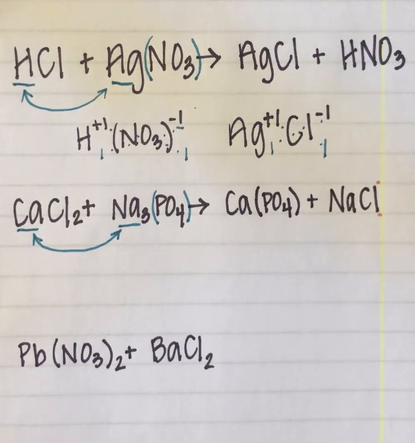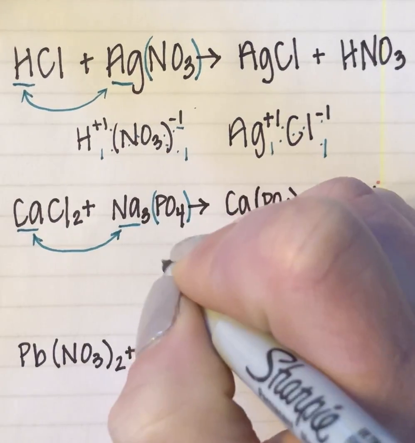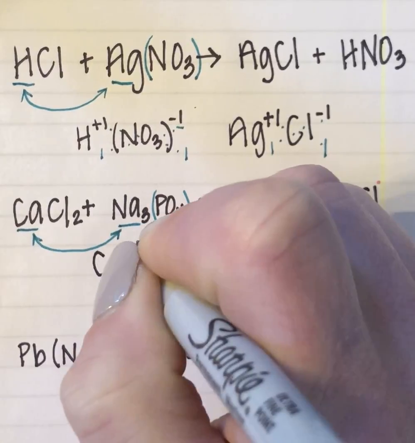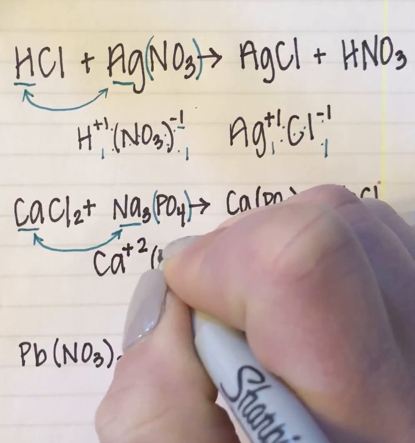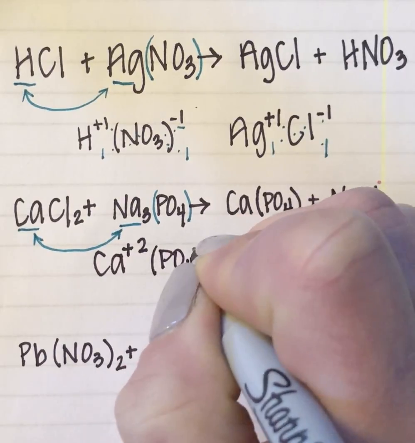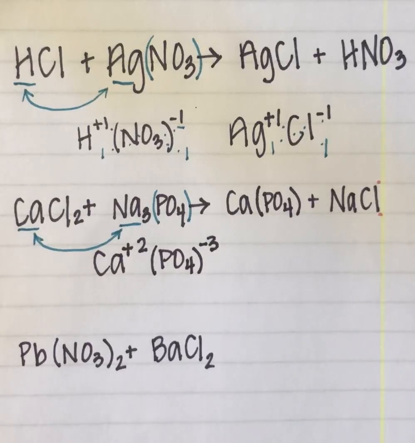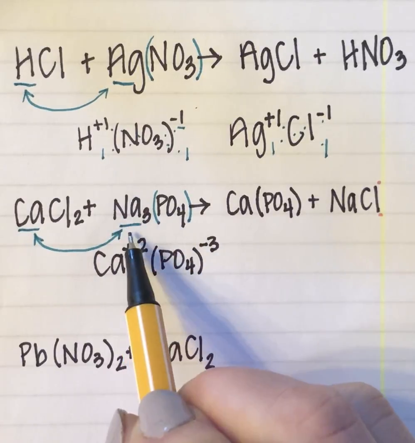We need to make sure that these are the appropriate formulas. So calcium, looking back at our periodic table, has a +2 charge. Phosphate has a -3 charge, and I know this because of memorization, but we could also identify this because sodium has a +1 charge.